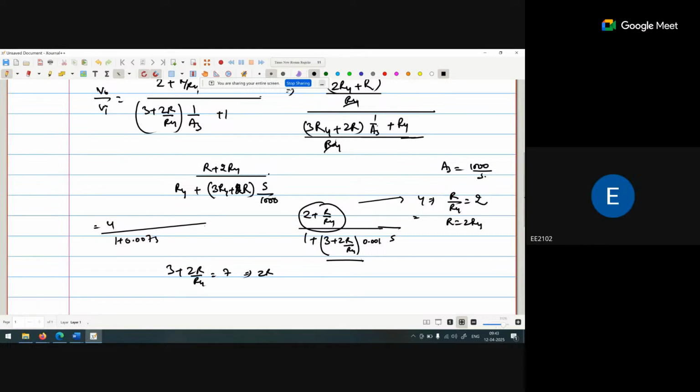That means 2R by R4 is equal to 4. So R by R4 is equal to 2. That means R is equal to 2R4, or R4 is equal to R by 2. Okay, so either you compare the numerator part or the denominator part. For both cases, R4 is R by 2.